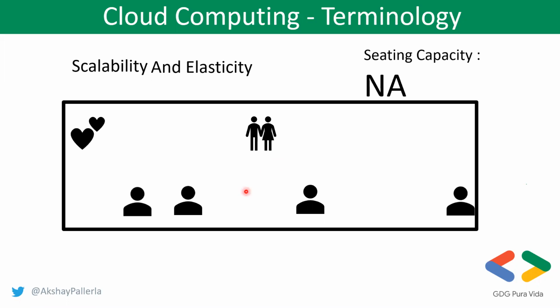And one good thing is this particular hall owner, he charges me, okay, you need not pay to host your wedding for the whole day, or you need not own the entire wedding hall. What I'll do, I'll give it on a dynamic basis for you.